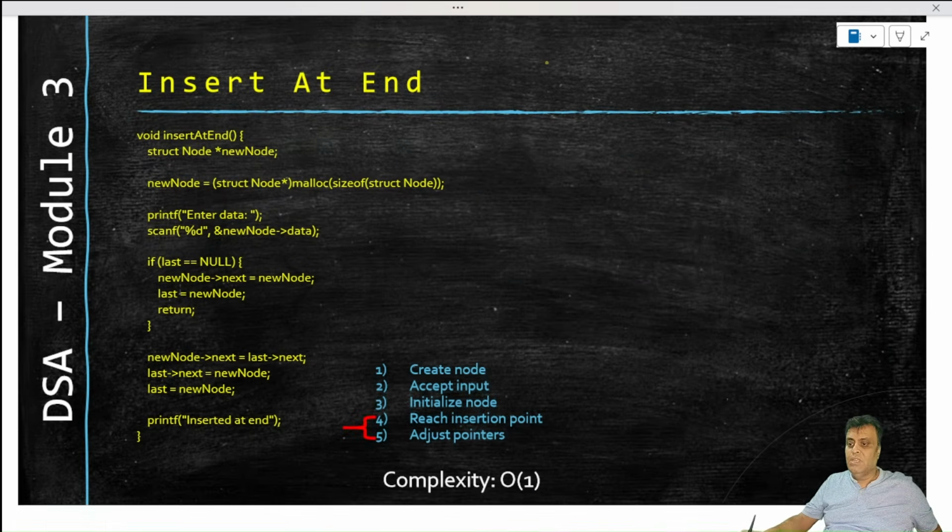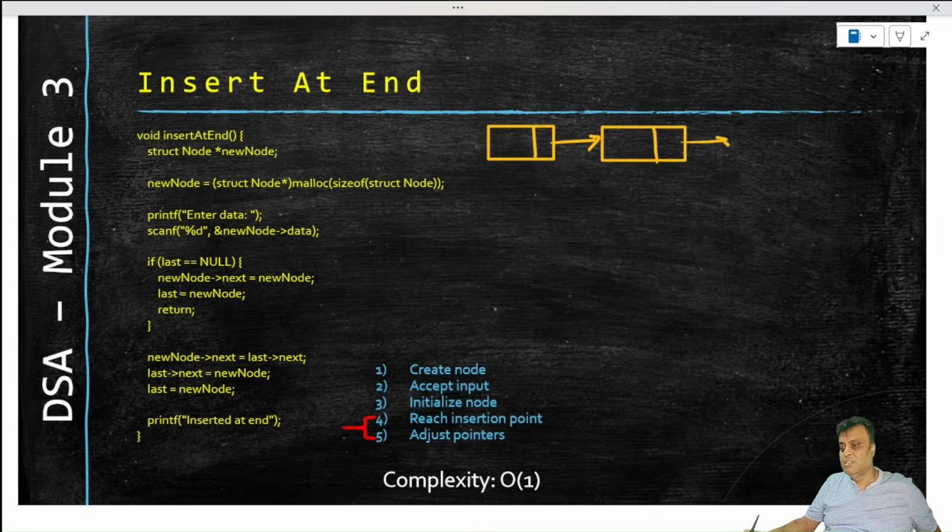Next, we are talking about insert at end. Insert at end is again pretty simple enough. It again has 2 cases. If we are talking about this particular list, then in this list, this is the end, let's say, and we have a last pointer.